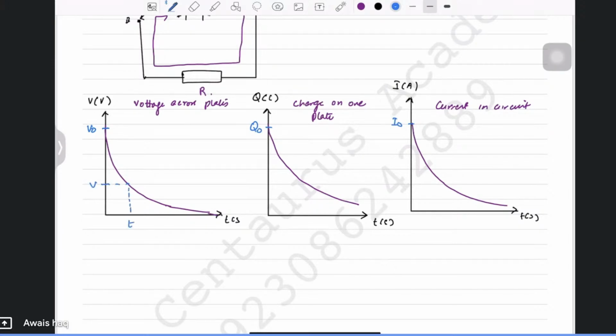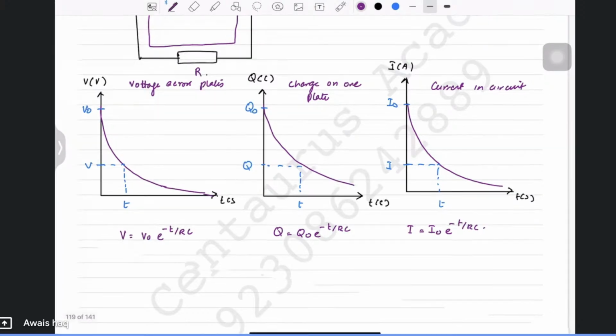Similarly, you can check Q with respect to time at any point, and I with respect to time at any point. So the decay equations will be V equals V naught e to the minus t over RC, Q equals Q naught e to the minus t over RC, and I equals I naught e to the minus t over RC. This will be used everywhere.